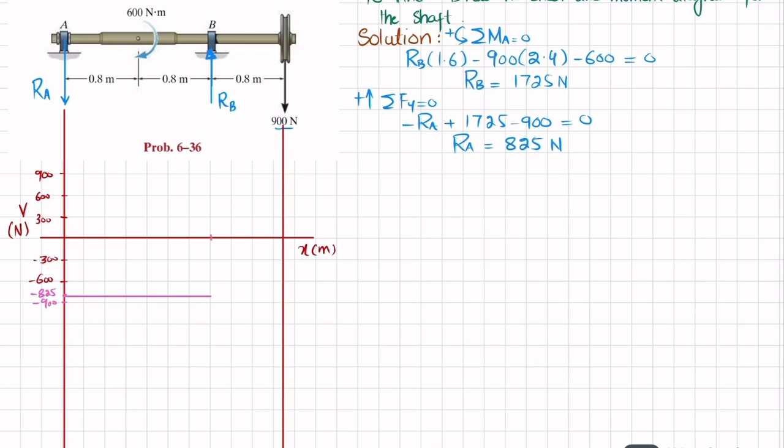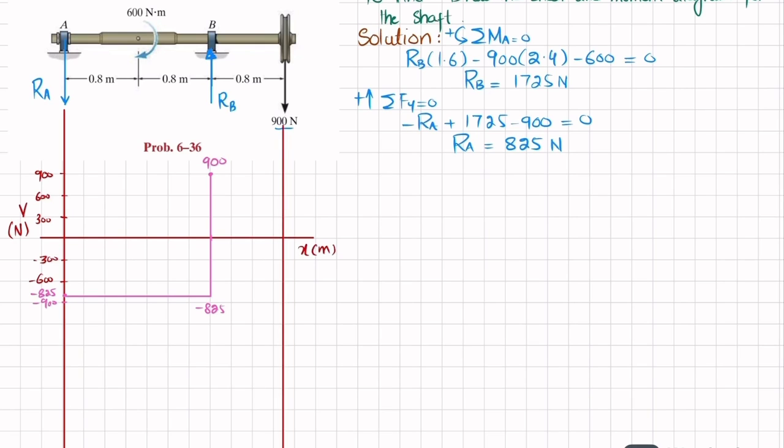Okay, now here at point B we have RB which is acting upward. RB is 1725, so minus 825 plus 1725 will bring it to 900. So I will write it here. This point is 825 and 900 is this point. So the shear force will change from minus 825 to 900.